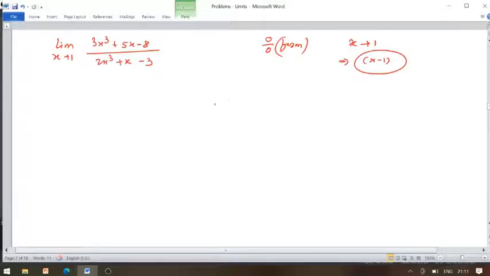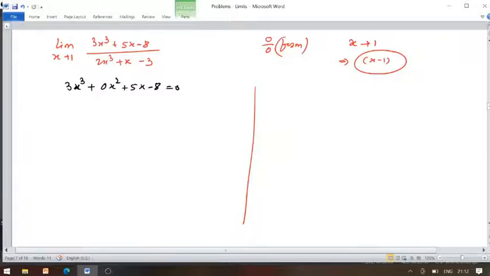Now you might consider the cubic function from the numerator as a cubic equation, converted into the standard form of a cubic polynomial, 3x cube. The x square term is not given there, so consider its coefficient to be 0. So we have 0x square plus 5x minus 8, set equal to 0 for finding the roots or the factors.